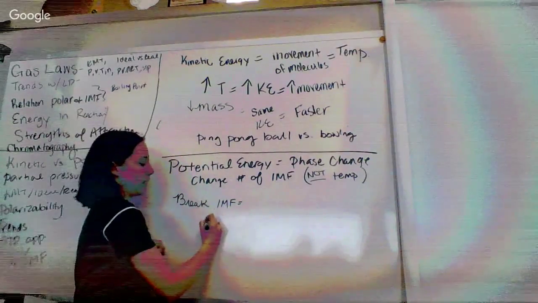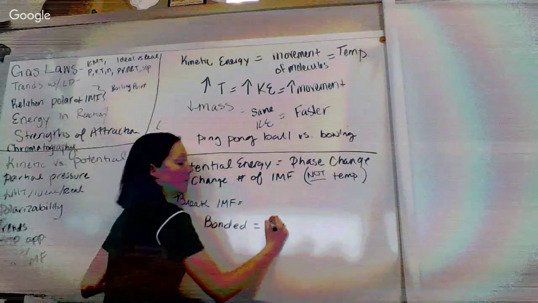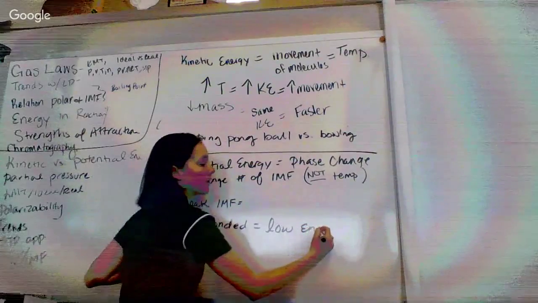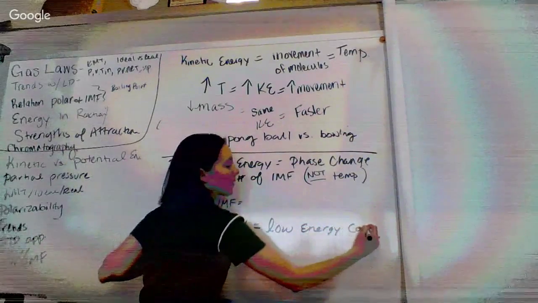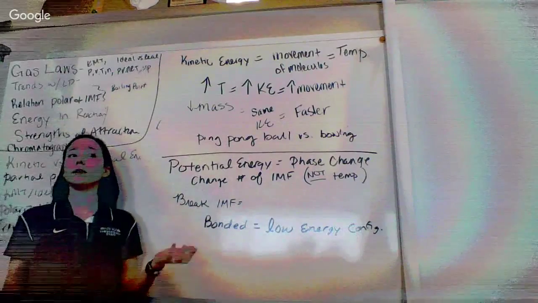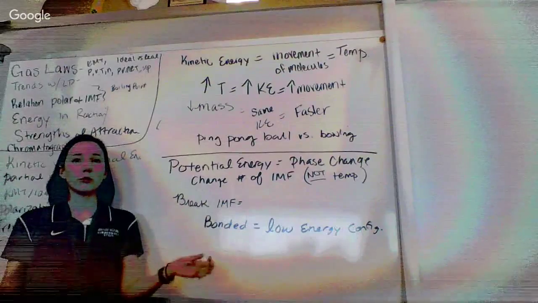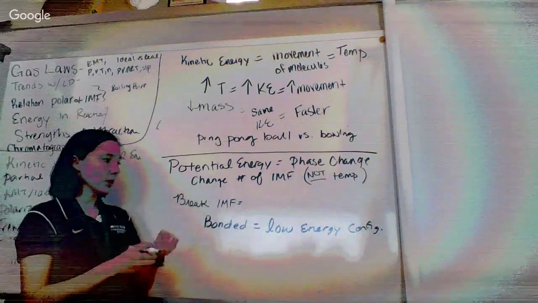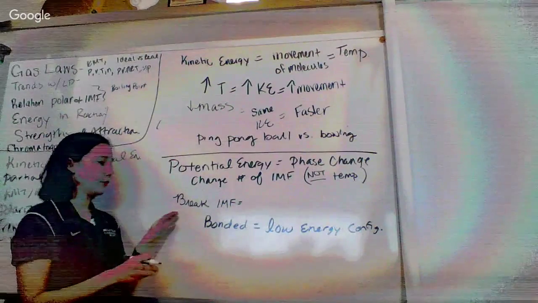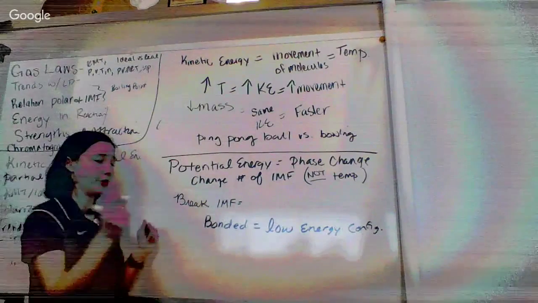When you have a bonded compound, that's going to be your lower energy configuration. So that's why your compound would form a bond in the first place, is to go to a low energy configuration. So when they bond, they're already at low energy configuration. If you go to break that bond, you're going to move them to a higher energy configuration.